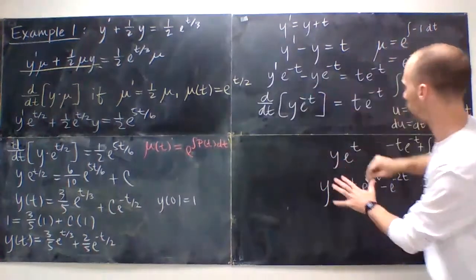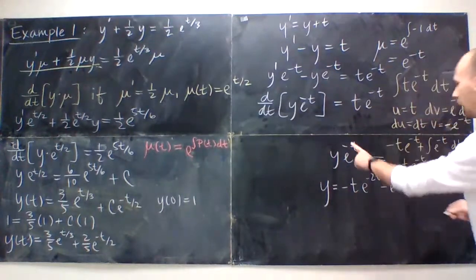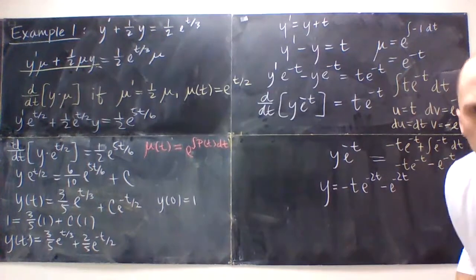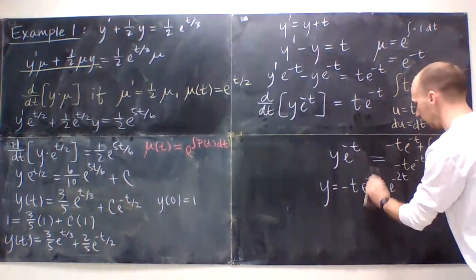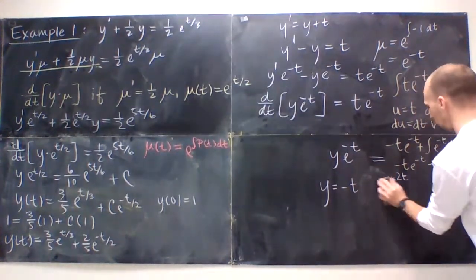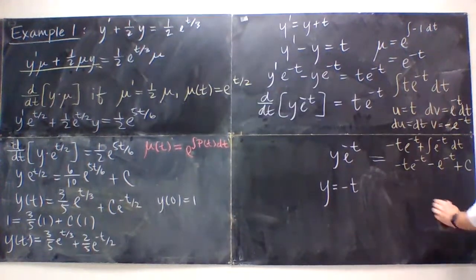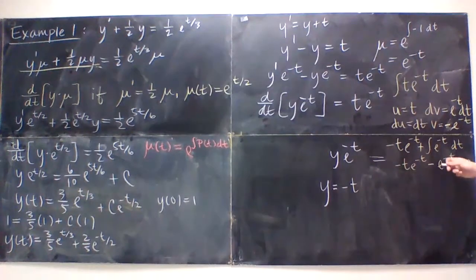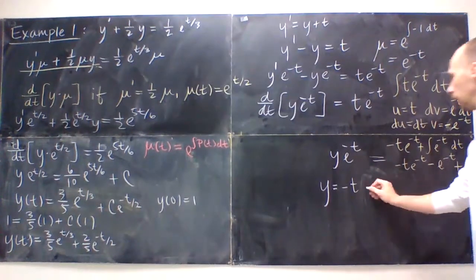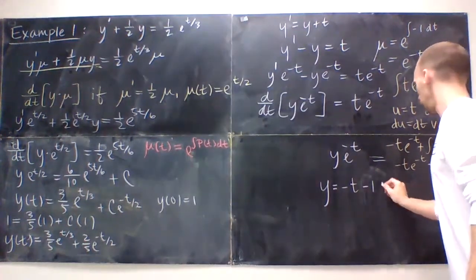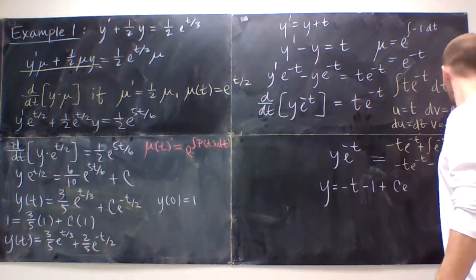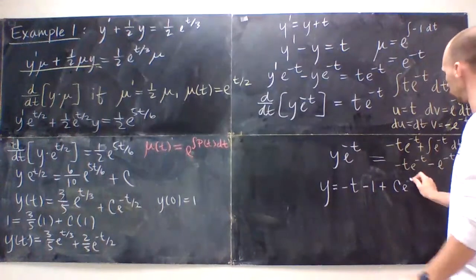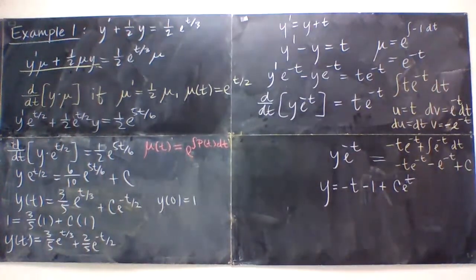This was supposed to be a negative t, so it needs to be here. And I'm going to be adding a power of e to the t. So that's going to be e to the 0t, which is just going to be 1. Negative t minus e to the negative t times e to the positive t is going to be minus 1 plus c e to the positive t because I'm multiplying both sides by e to the t. Okay, sure, I was having trouble with that.